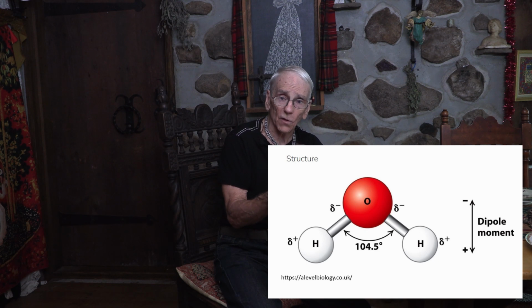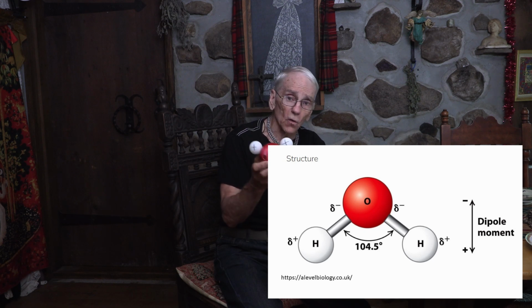This is what gives us this dipolar element of a water molecule. This is going to be very critical when we start looking at how water moves through soil into and up through plants.